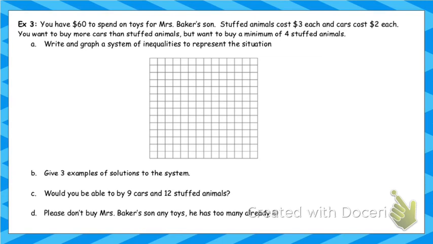So what's very important on these is that you define your variables, very similar to what you did with the word problems with systems. So the two things I'm looking for here, I want to see how many stuffed animals I can buy, and I want to look at how many cars I could buy.